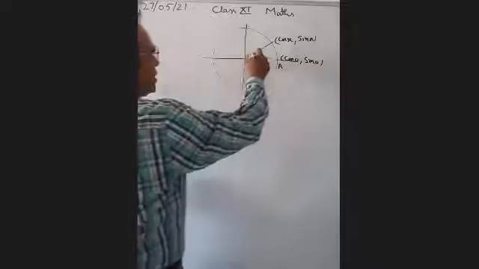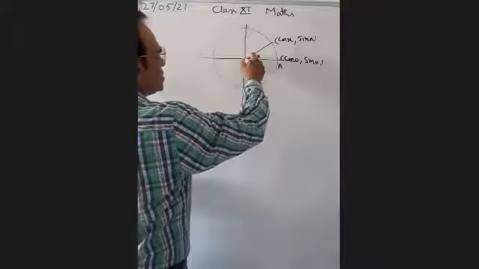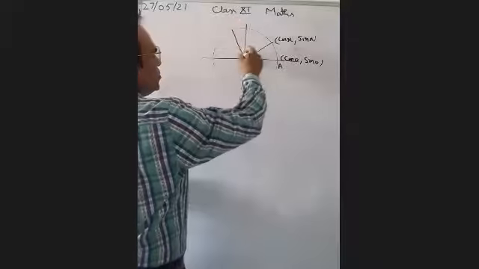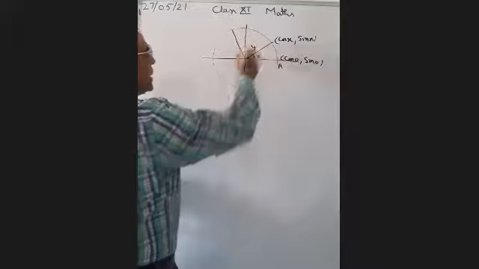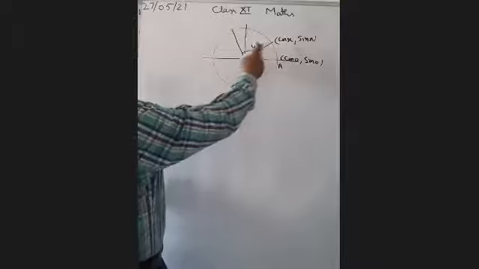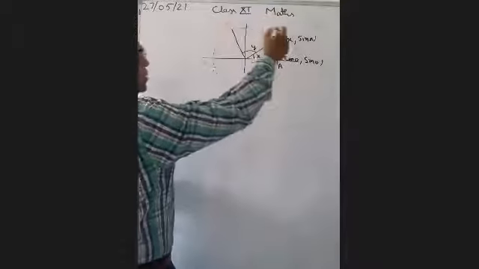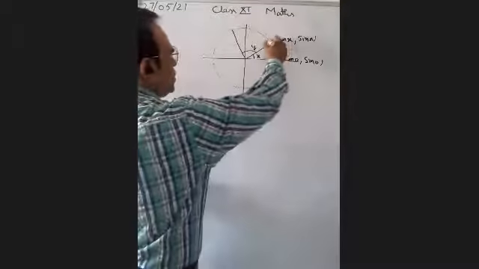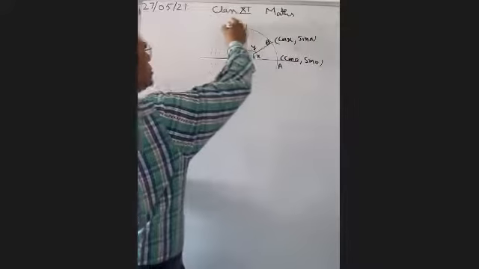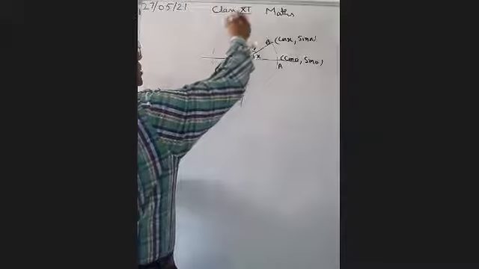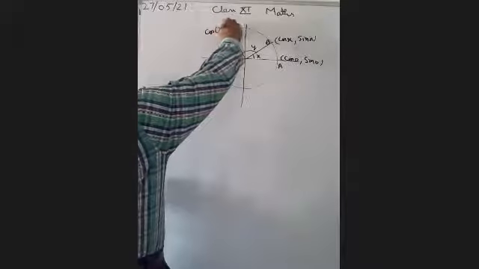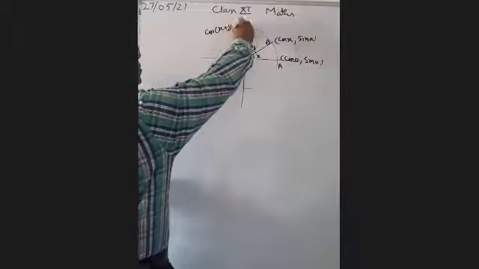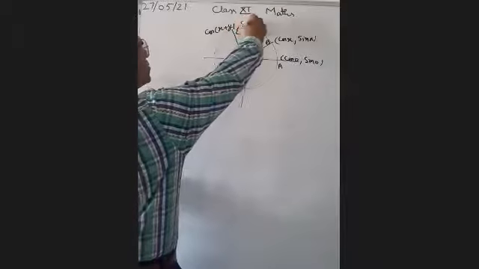Suppose an angle y, this angle is y. To complete the angle, the whole angle will be x plus y. Suppose this point is B, and this is point C. The coordinate of this point will be cos x plus y and sin x plus y.